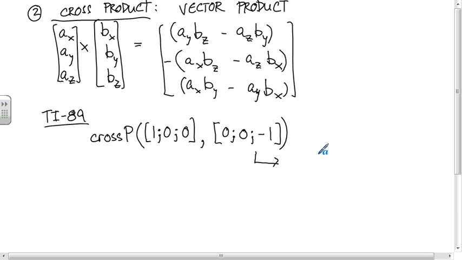So this would give 0, 1, 0. Because of this. So these are the things I want you to notice about the cross product.